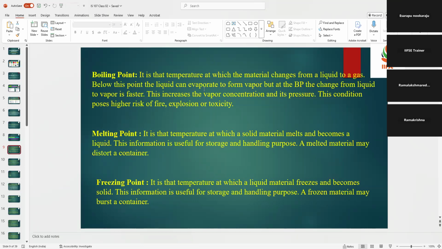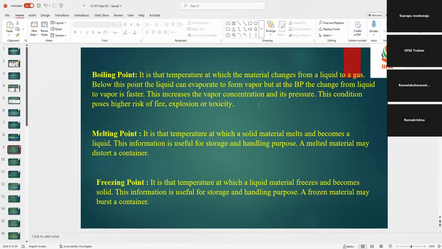Below this point, the liquid can evaporate to form a vapor, but at the boiling point the change from liquid to vapor is faster. Once the water reaches 100 degrees centigrade, the evaporation rate is faster, which increases the vapor concentration and its pressure. This condition poses a high risk of fire, explosion, or toxicity in the case of any chemical that reaches its boiling point.